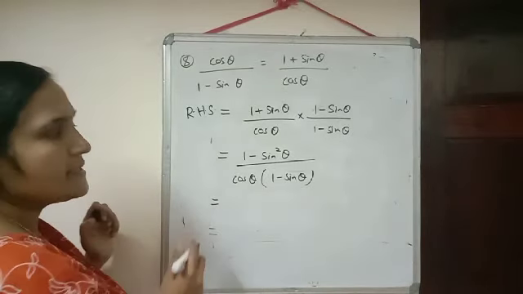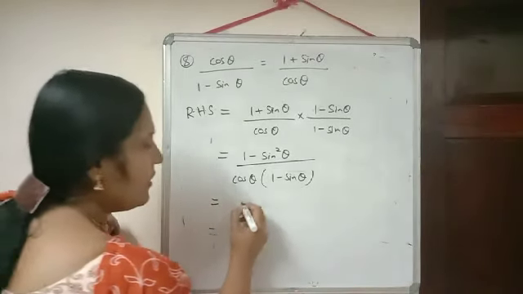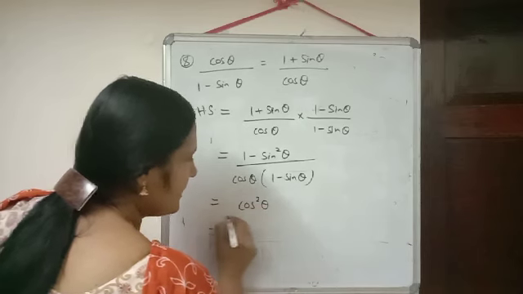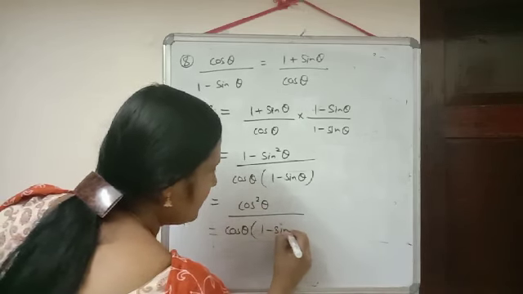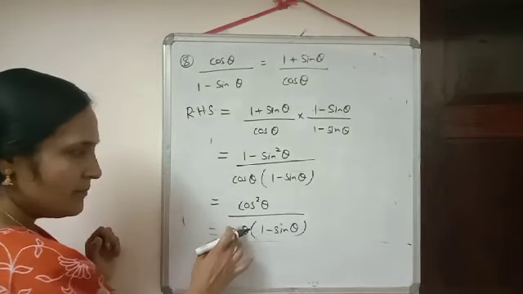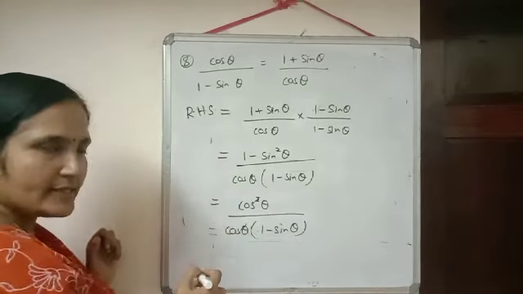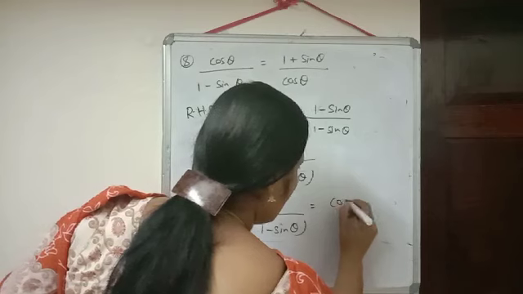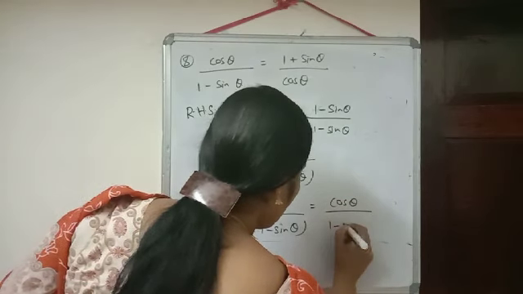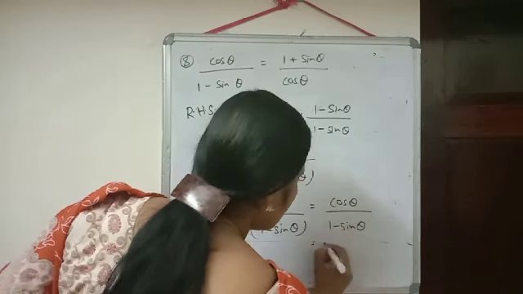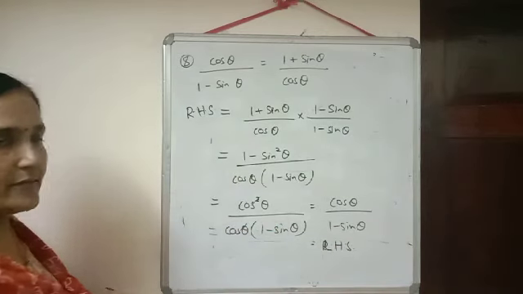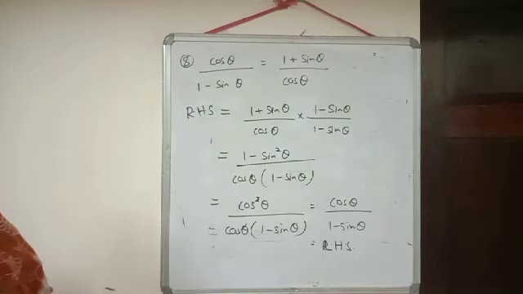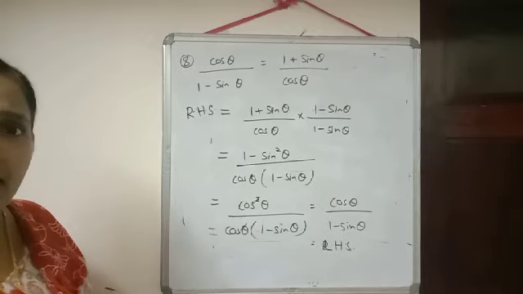And what is 1 minus sin square theta? Cos square theta. So we are getting here cos square theta by cos theta into 1 minus sin theta. One cos theta will get cancelled here. So remaining it will be equal to cos theta by 1 minus sin theta, which is equal to our left hand side. If you want, you can simplify the left hand side. Then also you will get the proof.